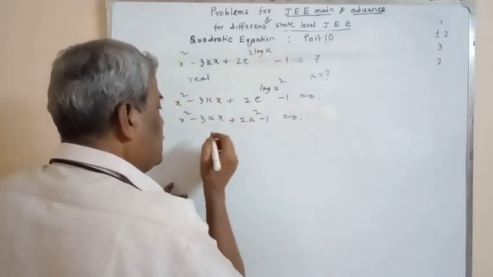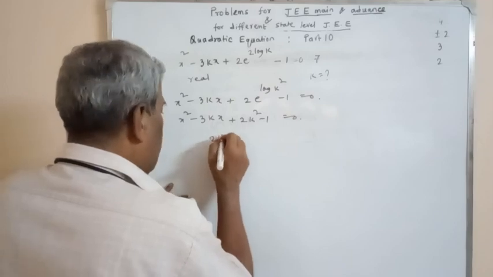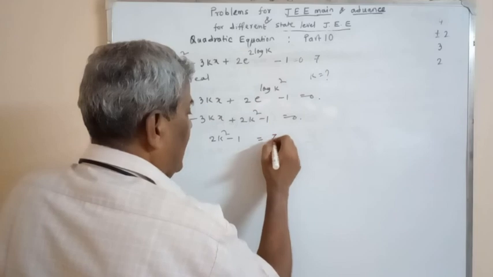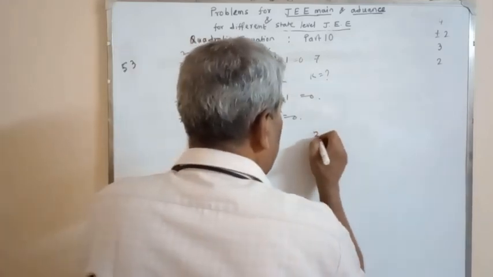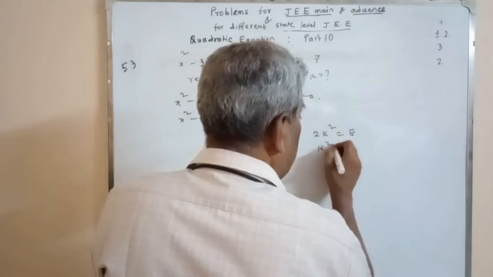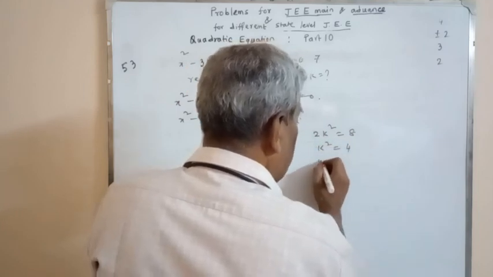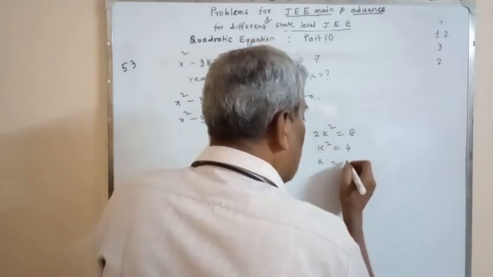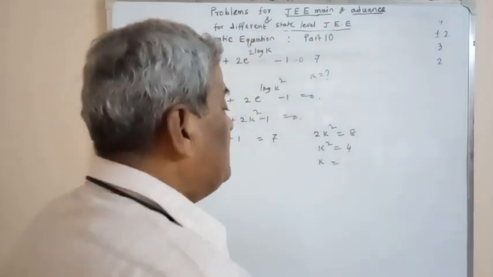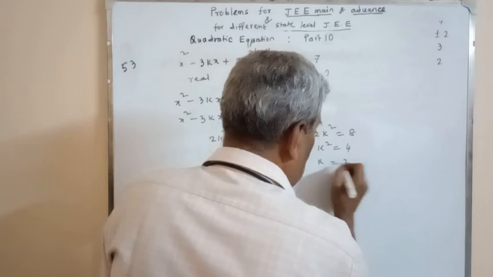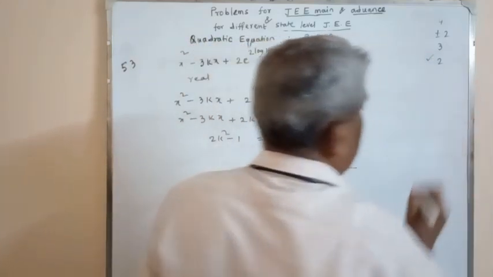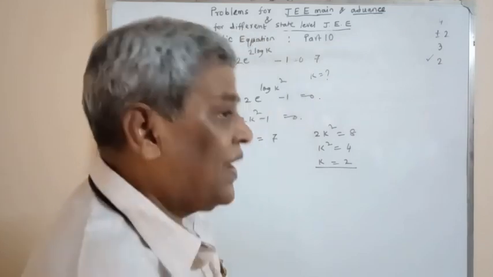Now, product of the roots is 2k square minus 1, given that it is 7. So 2k square is equal to 8, k square is equal to 4, so k is equal to plus minus 2. But k equal to minus 2 is inadmissible here. Only 2 is. So our option D is correct.